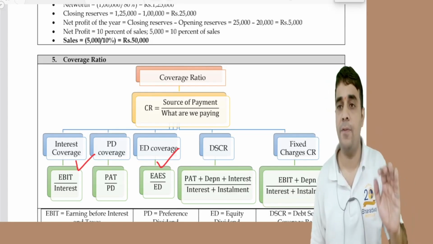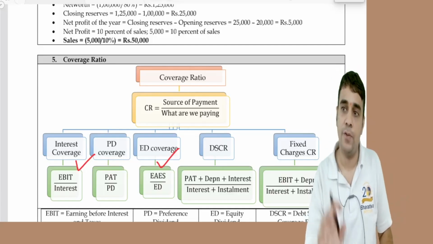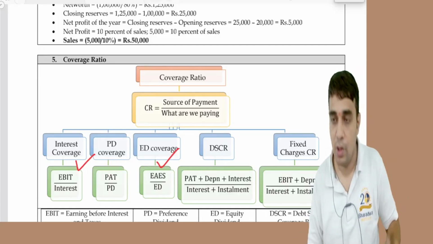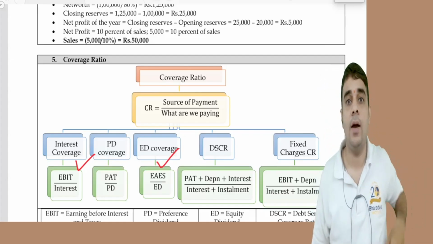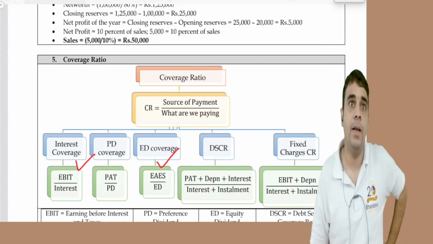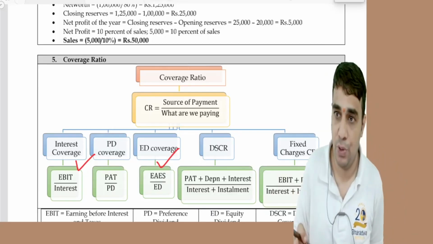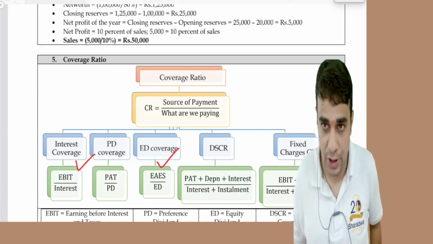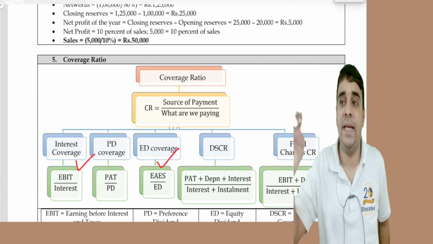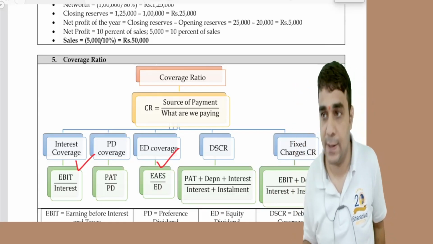Maybe you could have come across this earlier, but now the logic of the formula is also explained, which is nothing but source of payment divided by what are we paying. Example, I want to calculate operating expenses coverage ratio: gross profit divided by operating expenses.